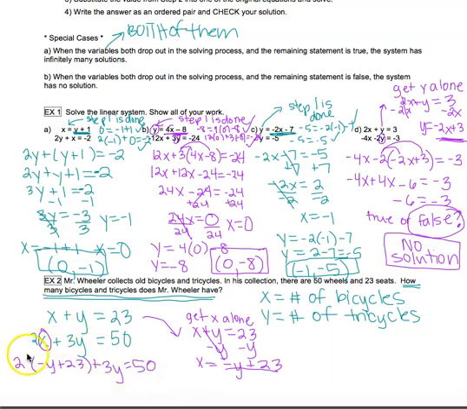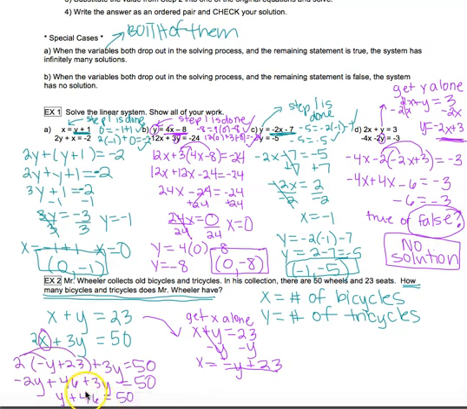So distribute. 2 times negative y is negative 2y. 2 times 23 is 46, plus 3y equals 50. I've got like terms over here, so negative 2y plus 3y is just y. So I've got y plus 46 equals 50.